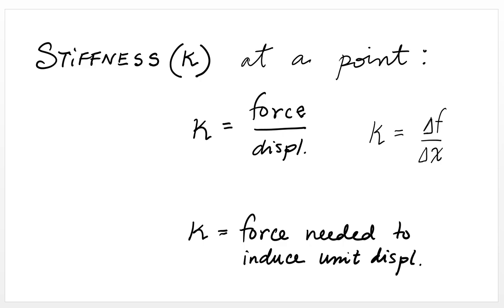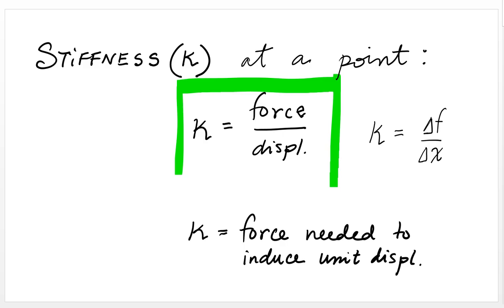So the stiffness at a point is the relationship between force and displacement, specifically the ratio between the increment in force corresponding to an increment in displacement. So basically, how much force divided by how much displacement you get at a given point.